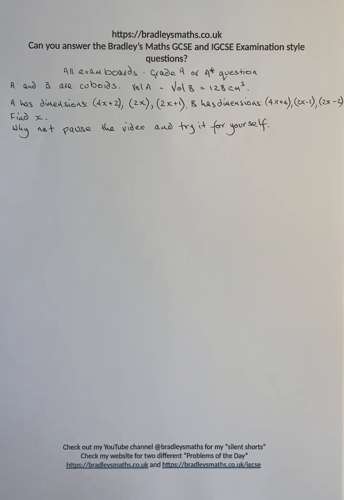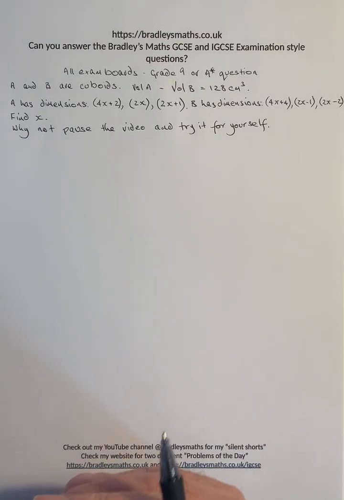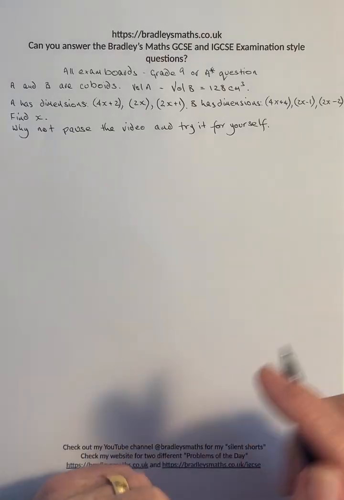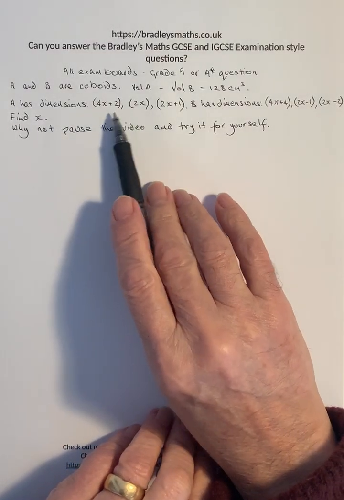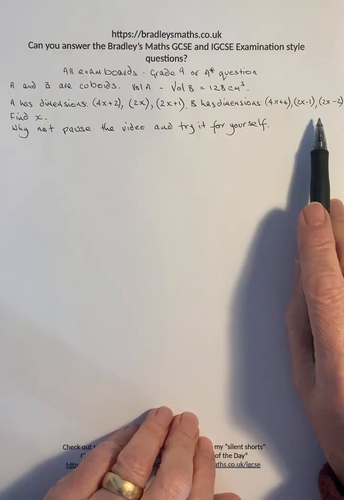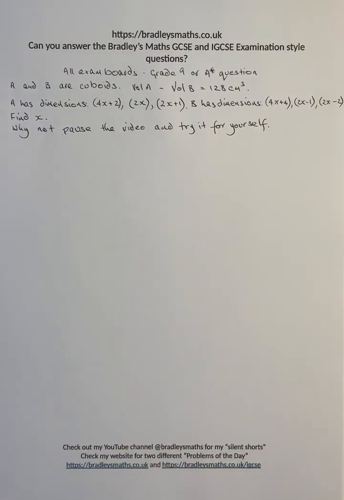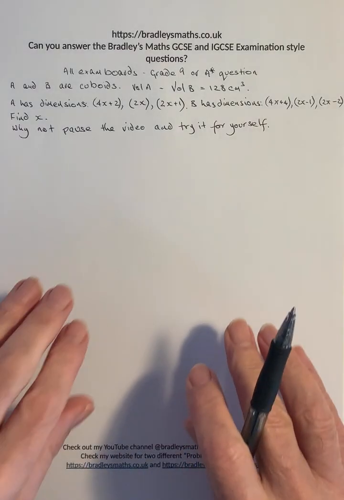Right, so assuming that you're back and you've tried it, how do we go about doing this? What we have to do is multiply the 3 brackets out in each case. Then we equate the 2 resultant cubics, because that's what they will be, and then we solve whatever we end up with.